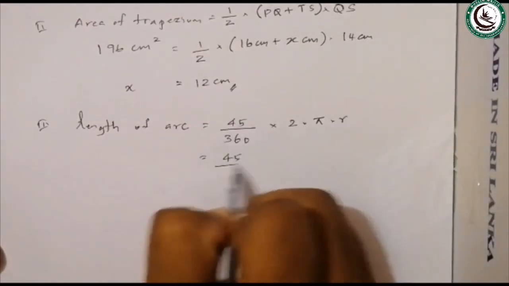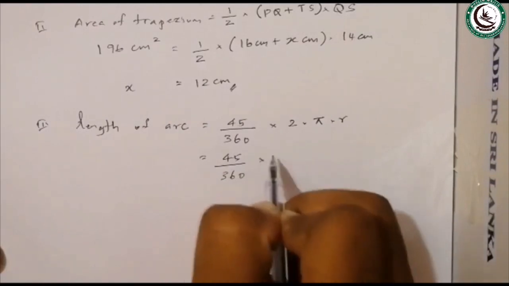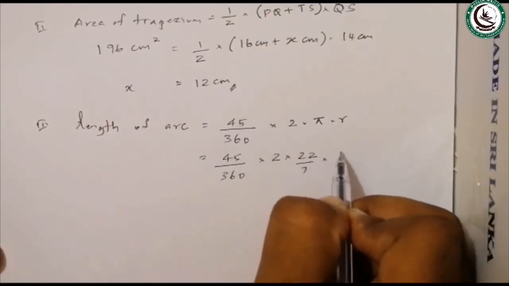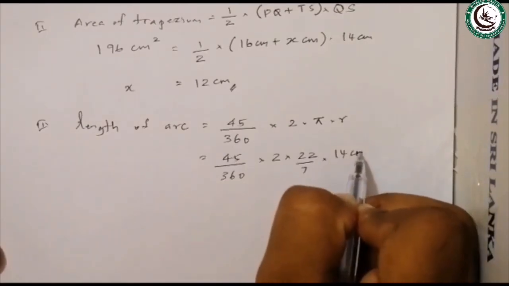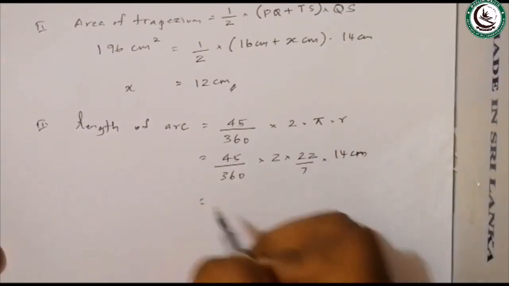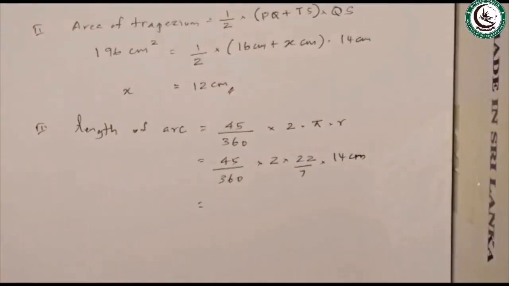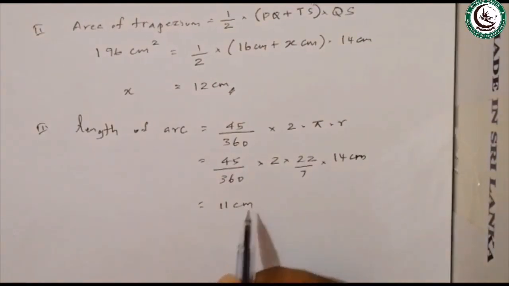So 45 over 360 into 2 into 22 by 7 into r, where r is 14 centimeter. So the length of the arc is 11 centimeter.